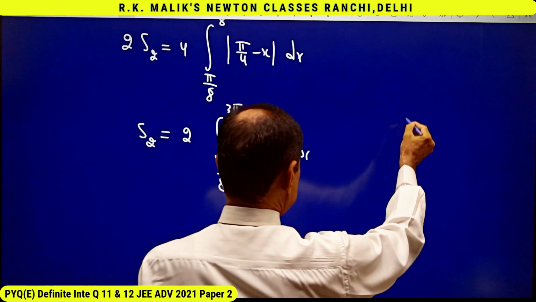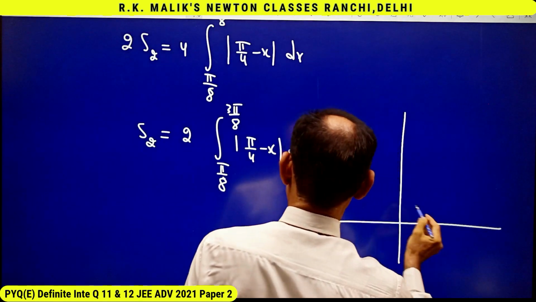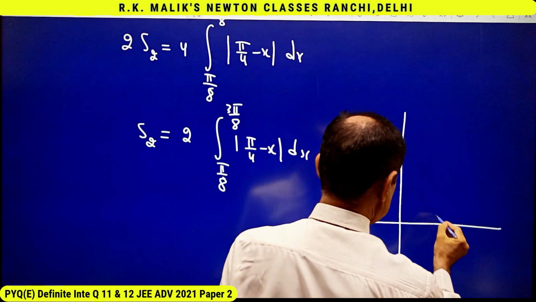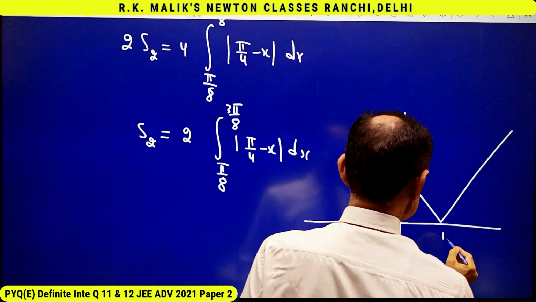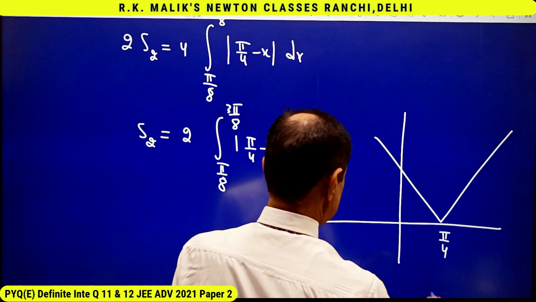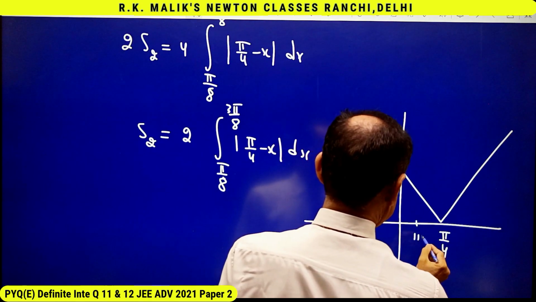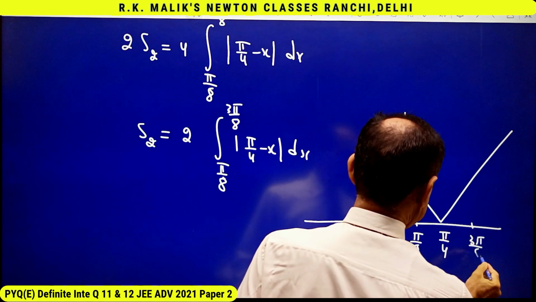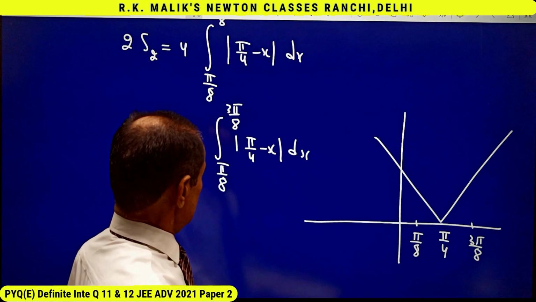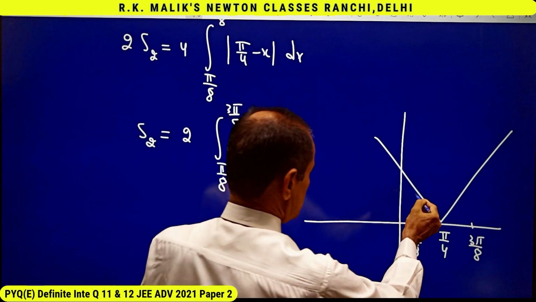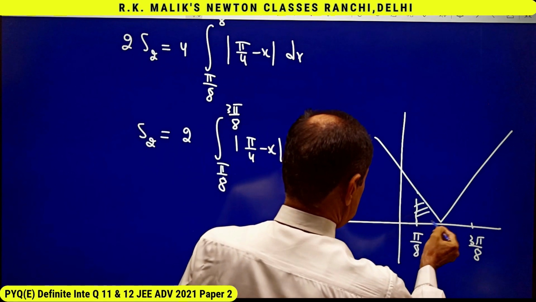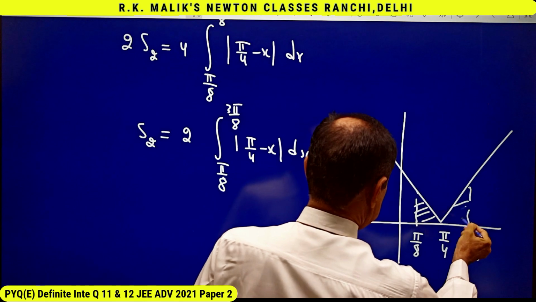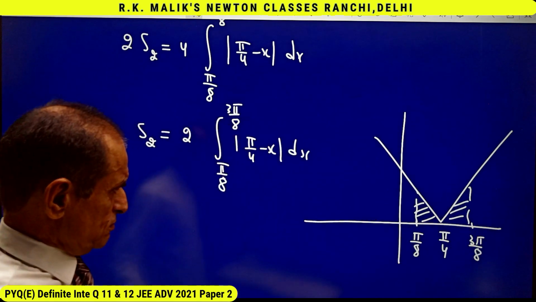We know the graph of this. pi by 8 is somewhere here, 3 pi by 8 is somewhere here, and this represents this area plus this area.